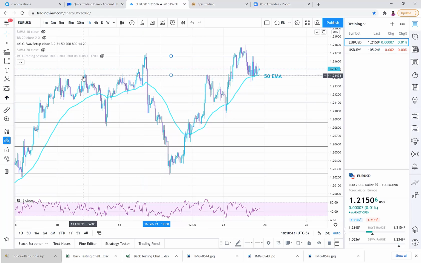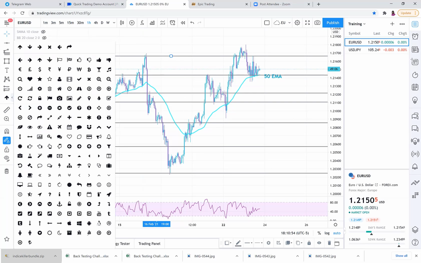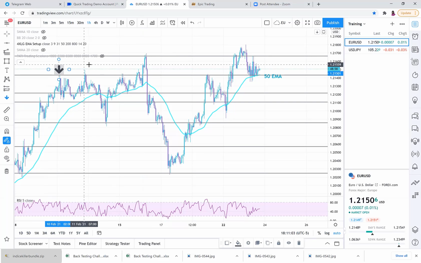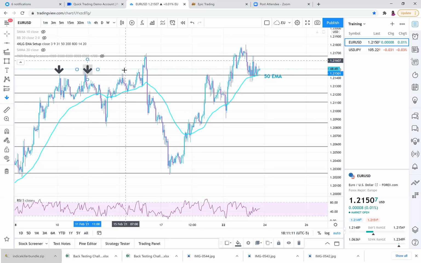So the goal of these horizontal lines is to mark the areas on the chart where a lot of the tops of the candles are reaching towards. So if you look at this zone here, let's use the arrow to show all the points where there's a wick there that touches it. There's a candle body that touches the line there. Oh, I think my drawing tool is selected, so it may still work. Yeah.